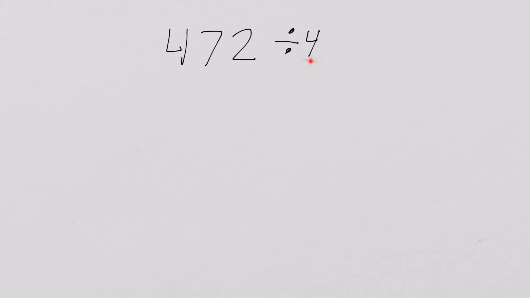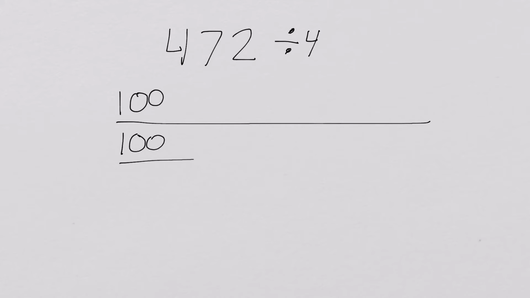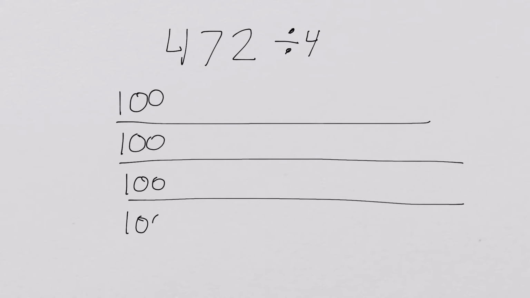And since we have 4 groups, it makes it pretty easy. Each group gets 100. So I've used 400, which is what I had to start off with. So we're starting off pretty well.